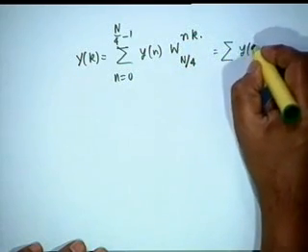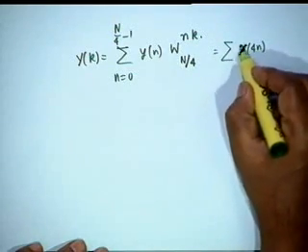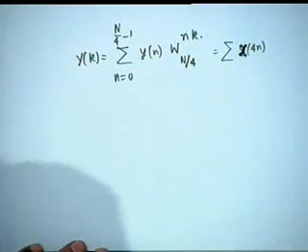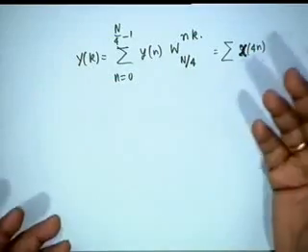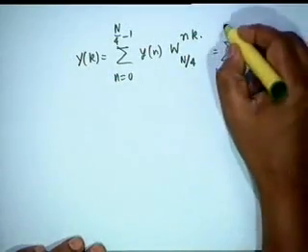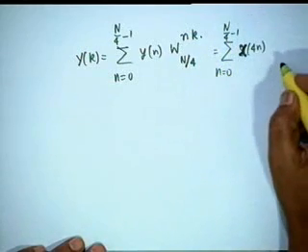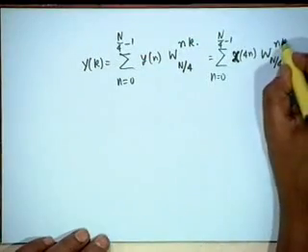Now we don't have to restrict n. Now y of n is x of 4n. Unlike the upsampler where there is a division, there is no problem here. n is an integer, 4n is also an integer. So the sum for n equal to 0 to N by 4 minus 1 of W N by 4 raised to the power nk.